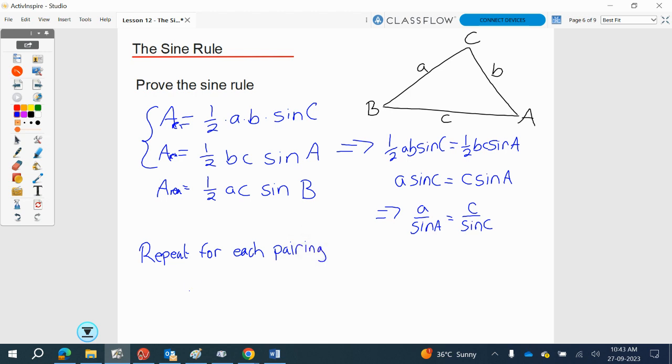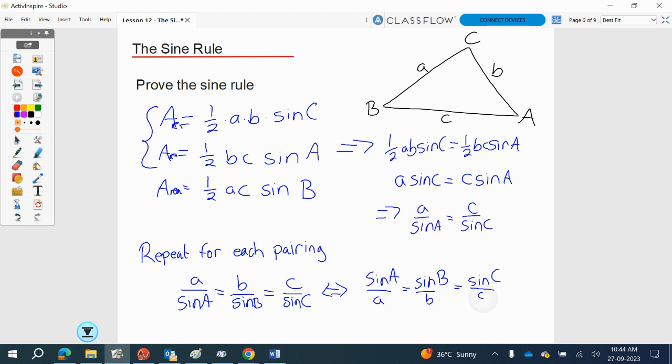And it gives us the formula: A over sine A equals B over sine B equals C over sine C. And that's the sine rule. We could take the reciprocal of that, and it would give us sine A over A equals sine B over B equals sine C over C.